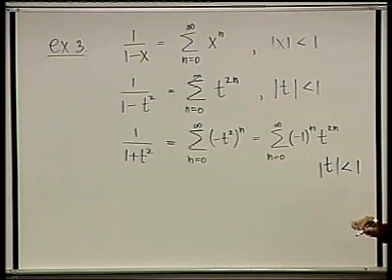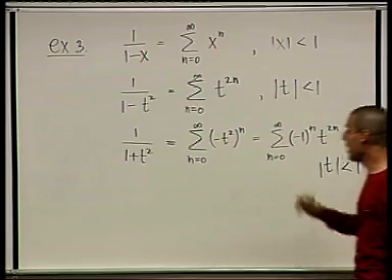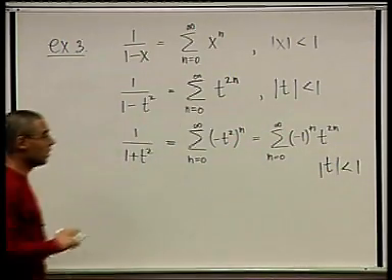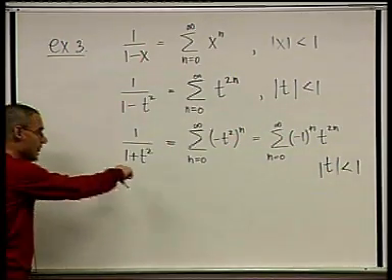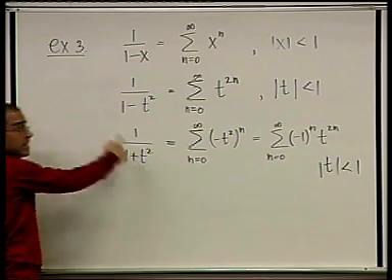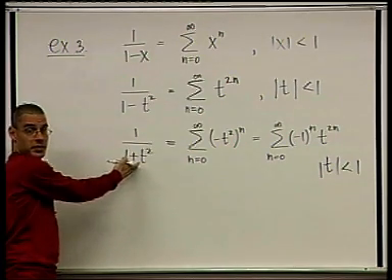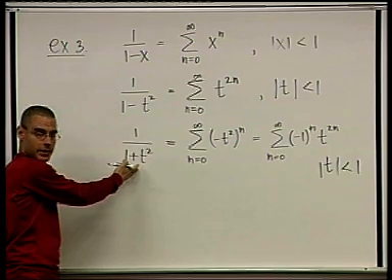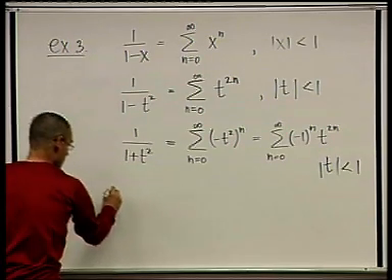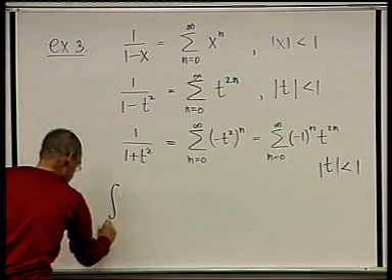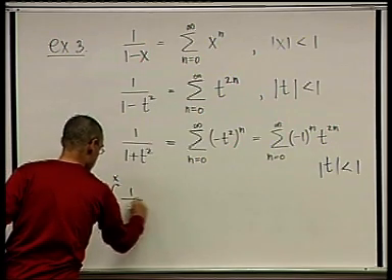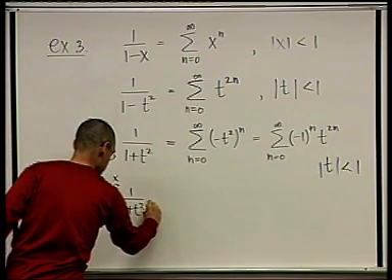Questions? Good? Okay, and now we had a magic suggestion here from the audience. Let's integrate this. This is the derivative of what? Arctan. So let's integrate this. The integral from 0 to x of 1 over 1 plus t squared dt.